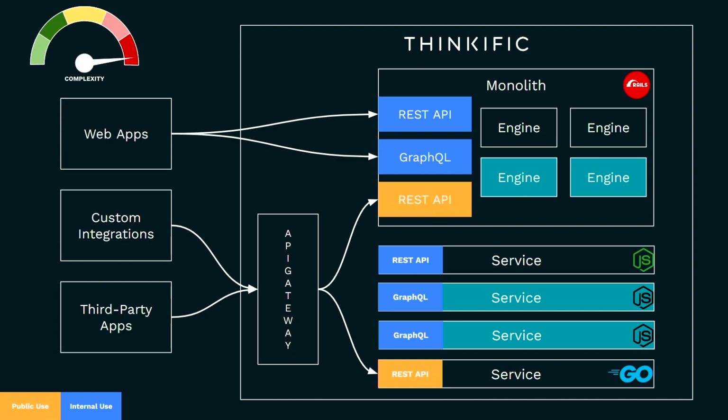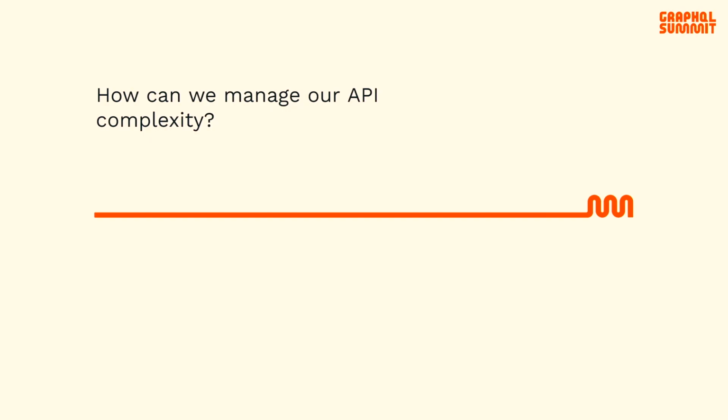Our environment became much more complex. We are now talking about more engines, more microservices. So how can we manage our API complexity? And this question mostly summarizes all the other things that we were hearing internally from our teams. How are we going to support multiple APIs? How are we going to support multiple GraphQL APIs? Are we replicating what we have in the internal REST API with a public REST API for GraphQL?